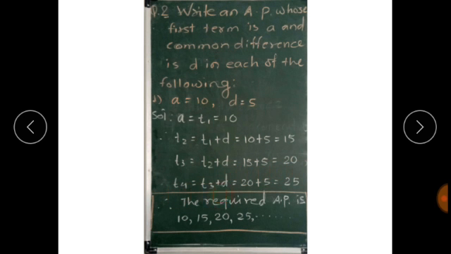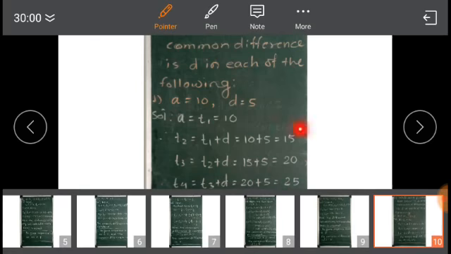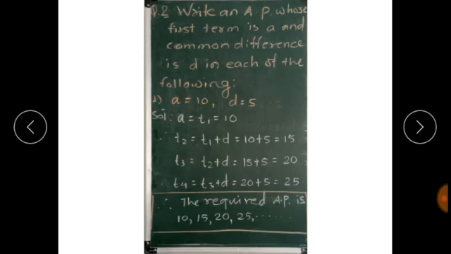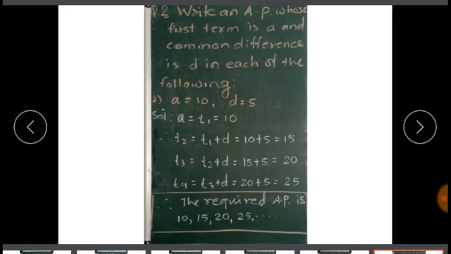We have just now found t3, it is 20. So 20 plus 5 is equal to 25. Therefore, the required AP is 10, 15, 20 and 25, where the first term is a and the difference is 5.